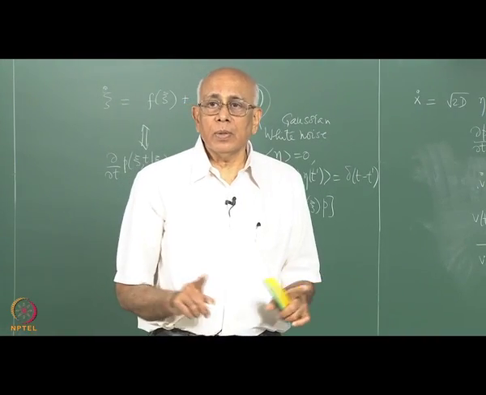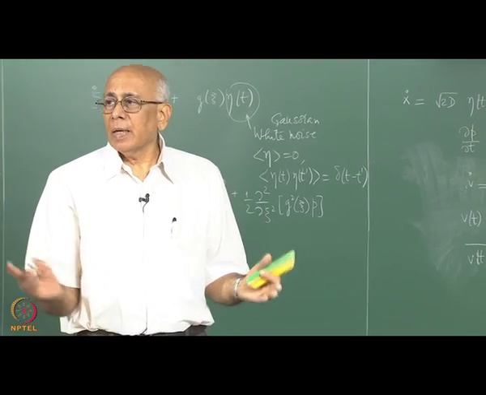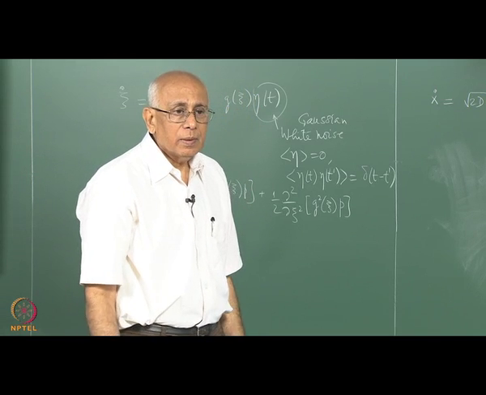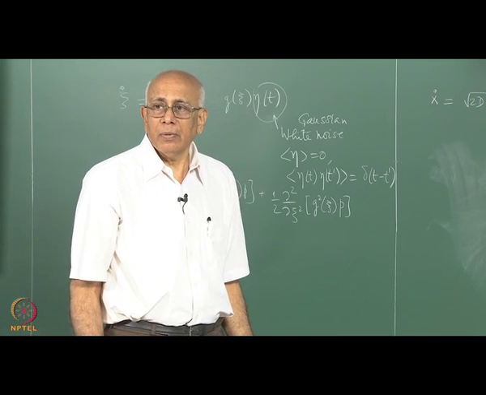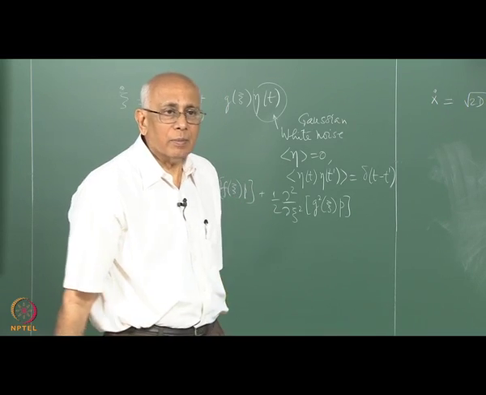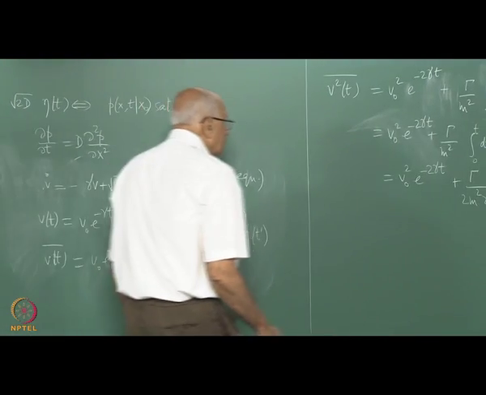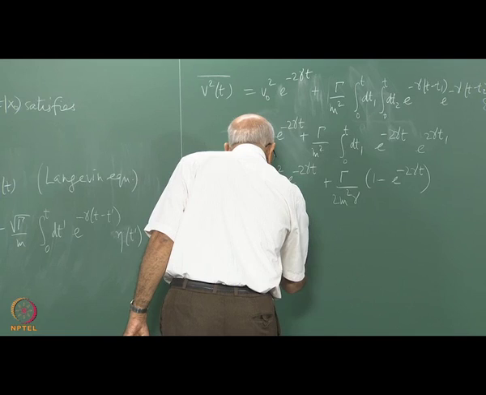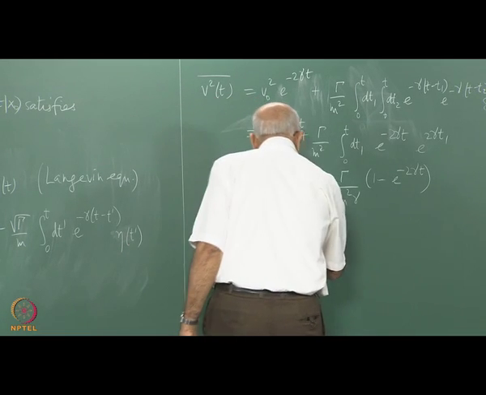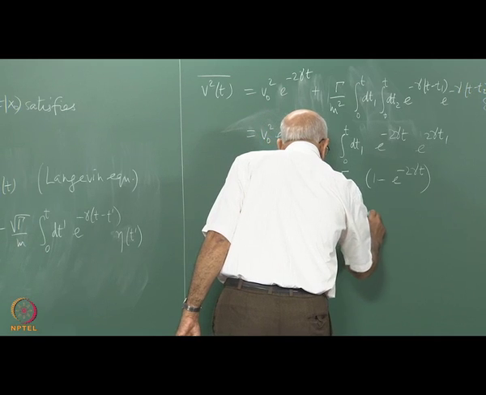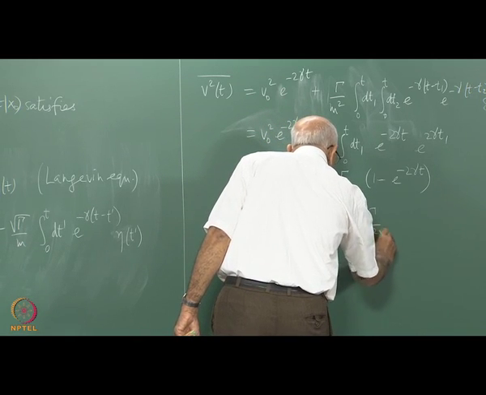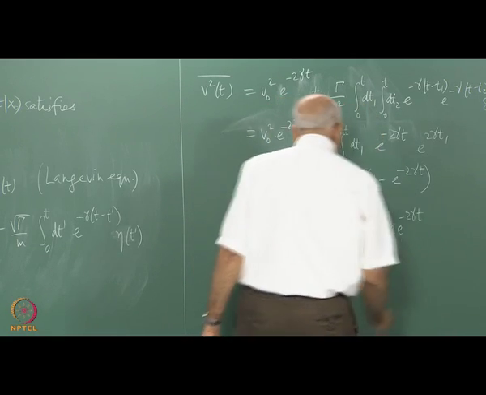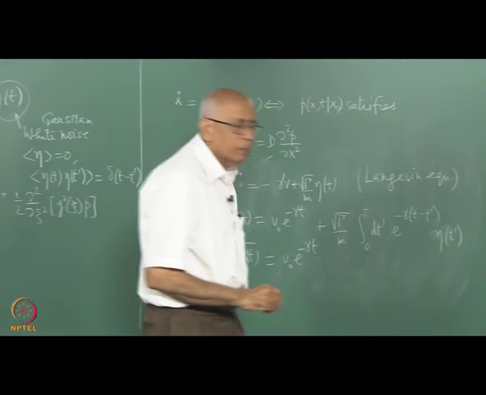This does not increase unboundedly as t goes along because the exponential factors cancel and go to 0, and it looks like it is going to some constant, which is what you should expect, because if you are in thermal equilibrium it should remain fixed in thermal equilibrium, right. You could also rewrite this as gamma over 2m squared gamma plus V naught squared minus gamma over 2m squared gamma, times e to the minus 2 gamma t.